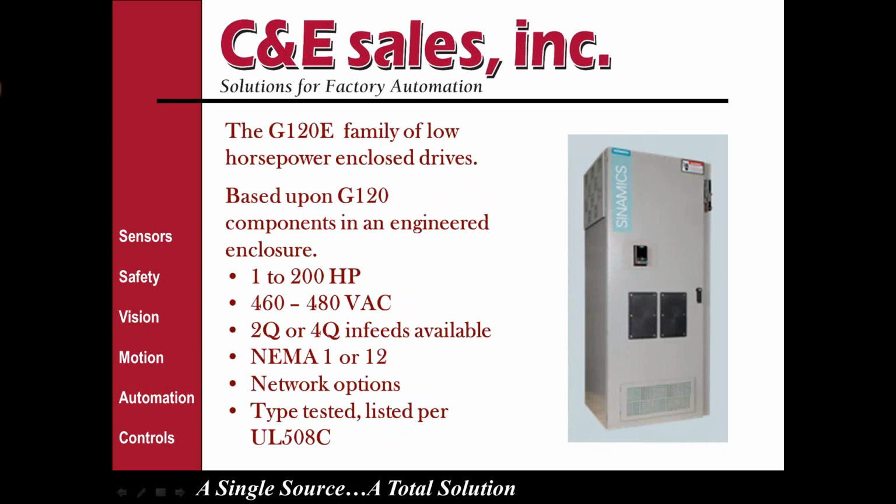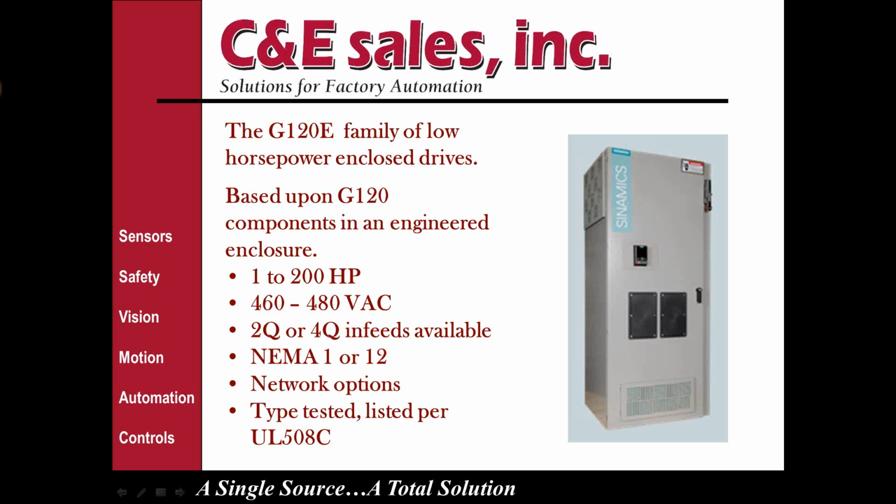The next family line is the G120E family. This is a pretty new offering from Siemens. These are pre-configured enclosures that are designed to meet UL 508C listing. So they are pre-designed with disconnects, circuit protection devices, an intelligent operator panel mounted in the door.